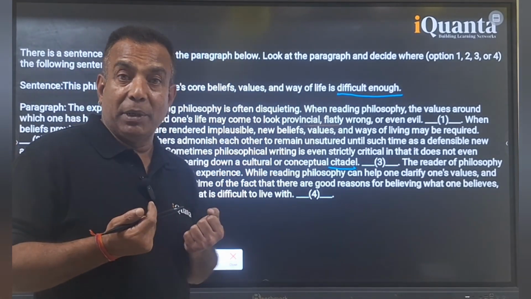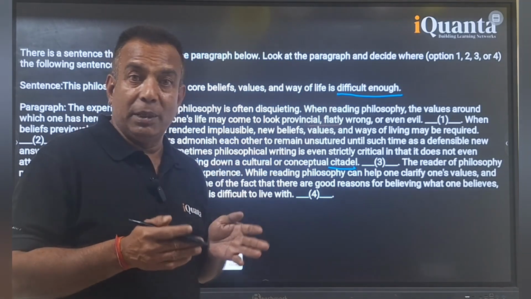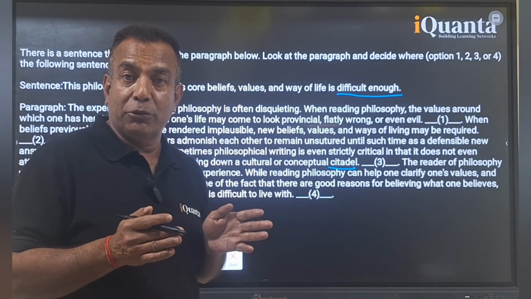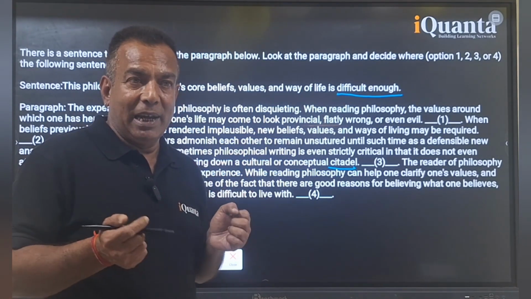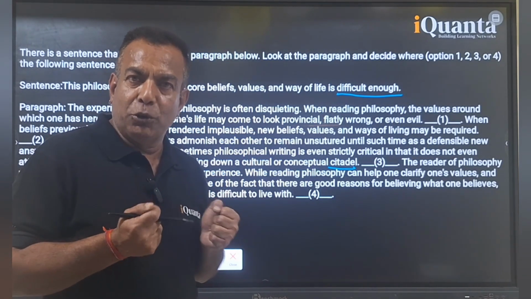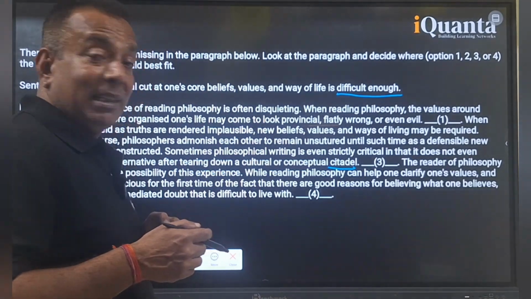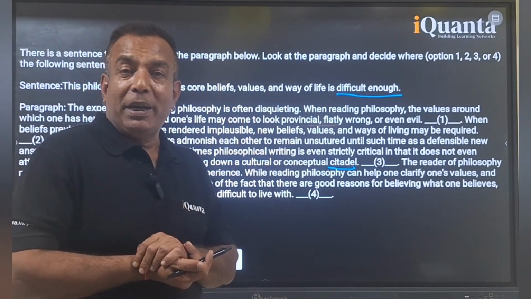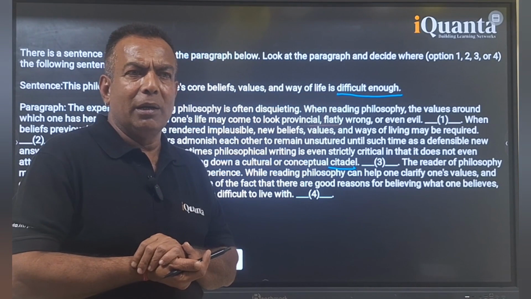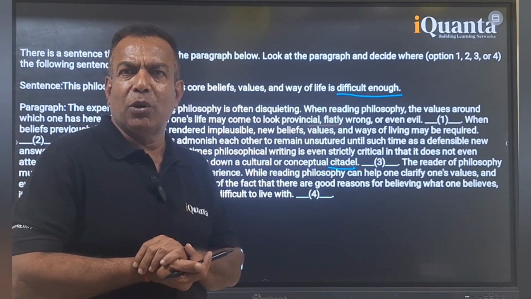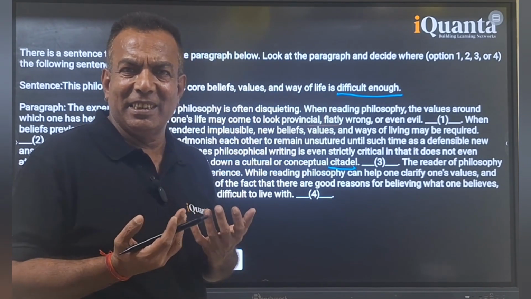You say, okay, what I believe in is the best thing. My beliefs are right. My values are true. I hold them very close, and I should cling to them. But sometimes philosophers break you down so much that you are aggravated, you are affected.